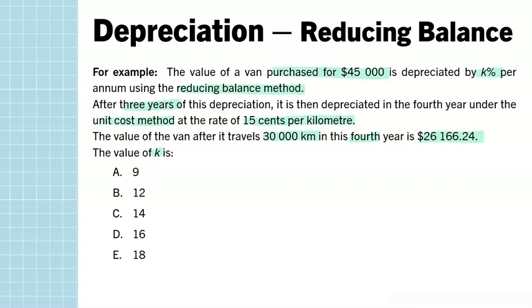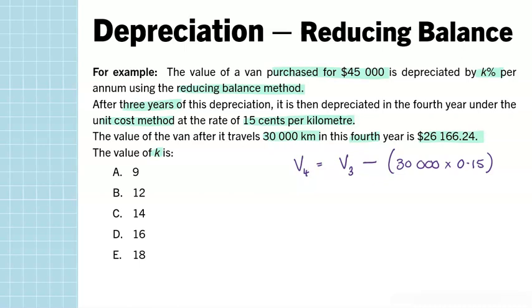Okay, so our 4th year value, let's say V4, would be whatever our value was at the end of the 3rd year, plus what's happening with our unit cost. So we've done 30,000 kilometres in that 4th year, and each of those kilometres depreciated by 15 cents. Oh, sorry, that actually should be minus. We're depreciating that, so reducing that value. And remember, 15 cents is the same as $0.15.